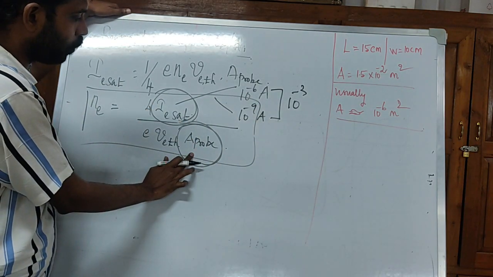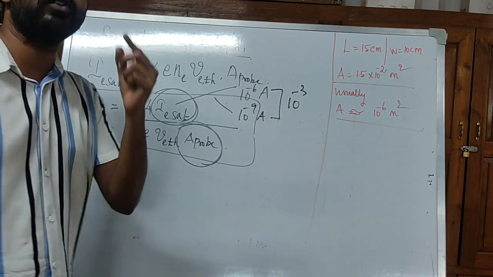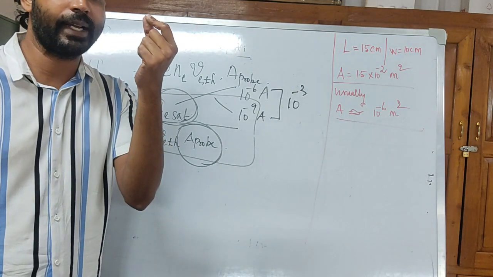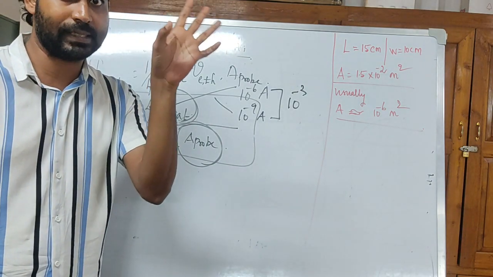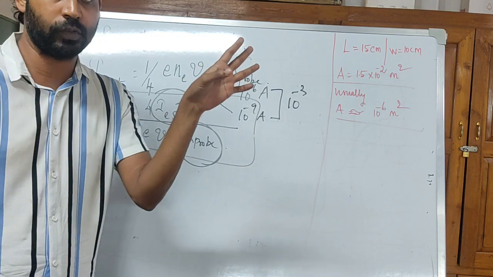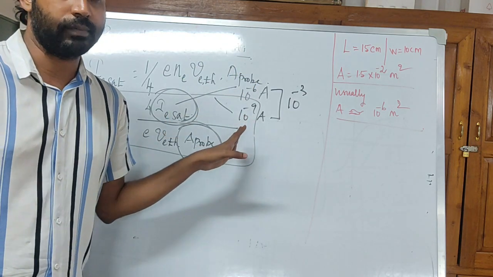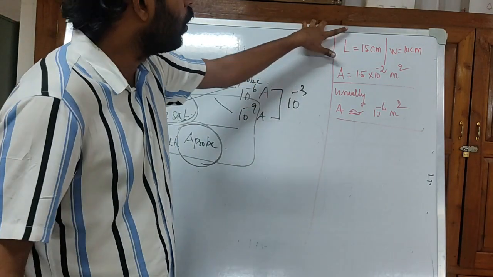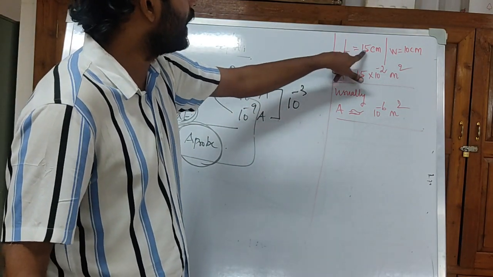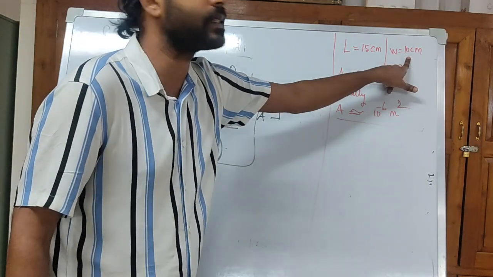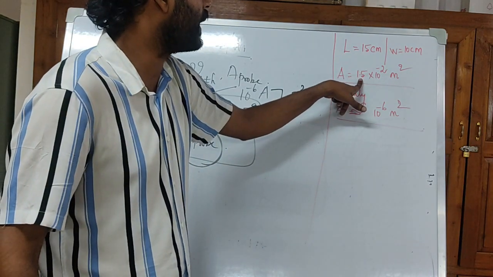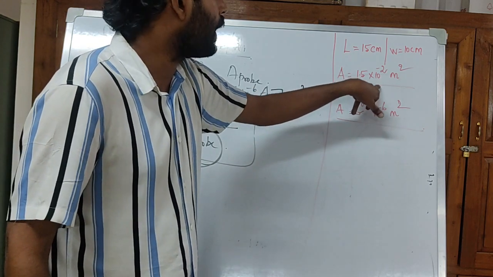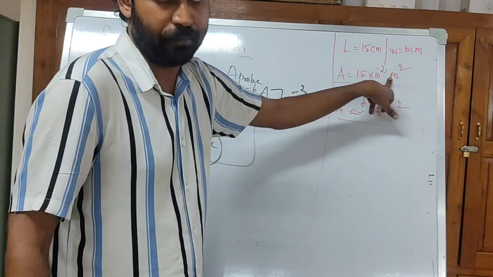Now coming to the probe area, usually people use a 1 centimeter length and 1 mm diameter probe tip. That's the kind of probe people use to take the Cara. But here we are using a PCB board whose length is 15 centimeter and width is 10 centimeter, whose area is 1.5 times 10 power minus 2 meter square.